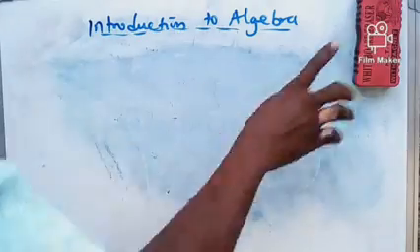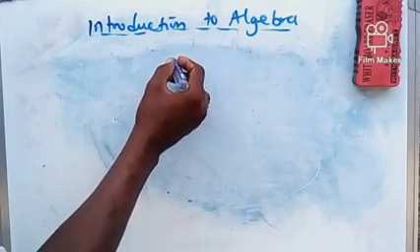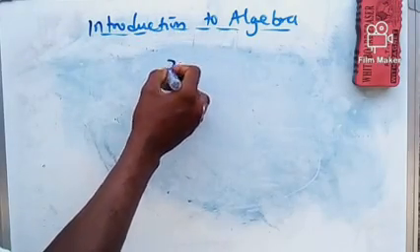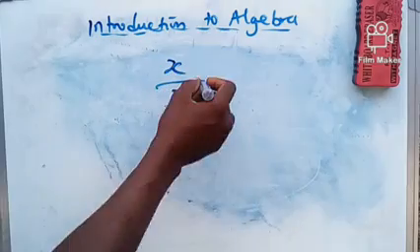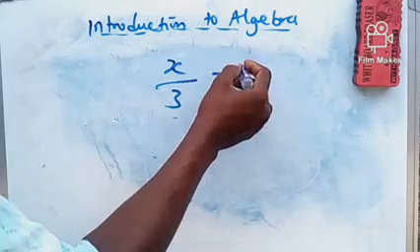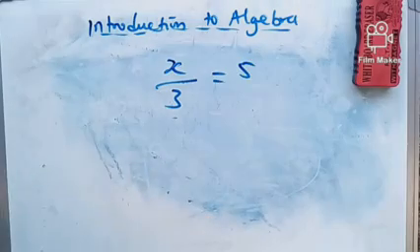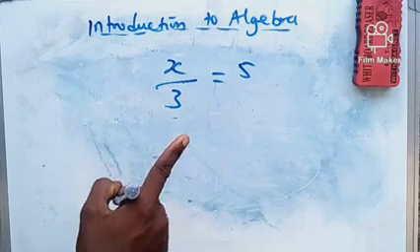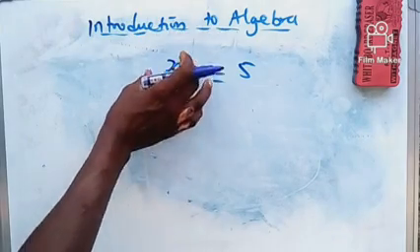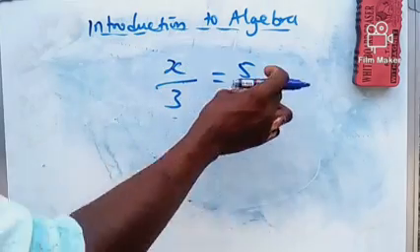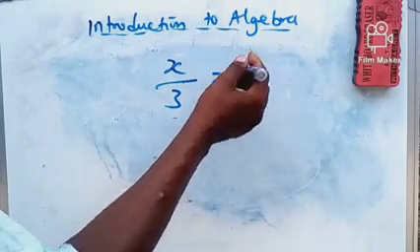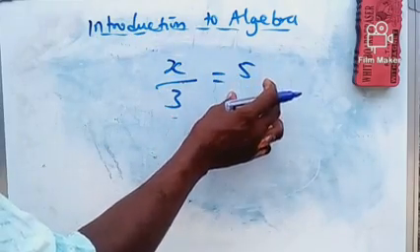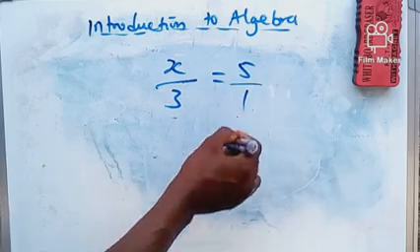Now, let's say we have something like this: x over 3 equal to 5. So how do you tackle a problem like this? Always remember that whenever a fraction is involved, the other side of the problem is also going to be put in the form of a fraction, but it's going to be over what? 1.